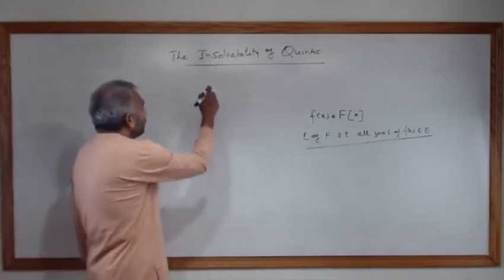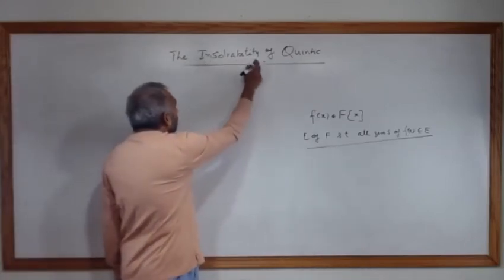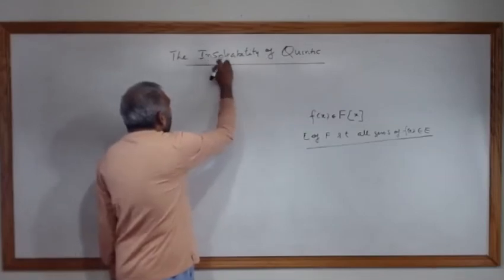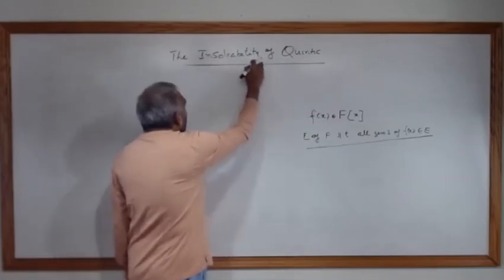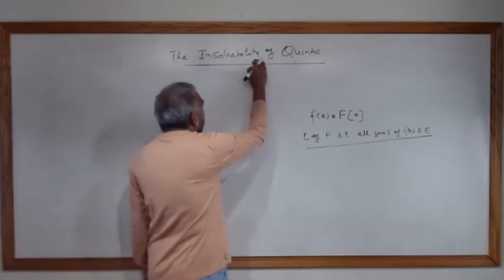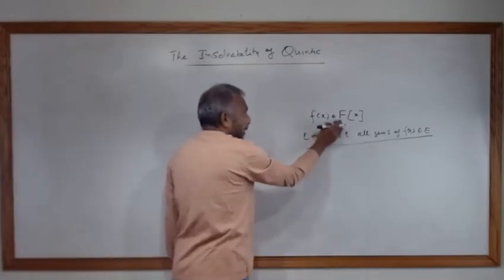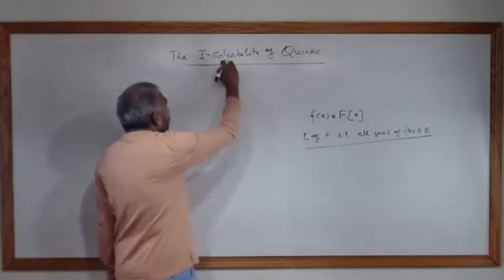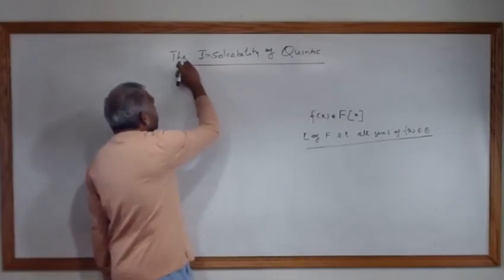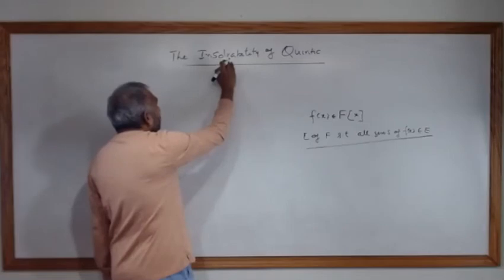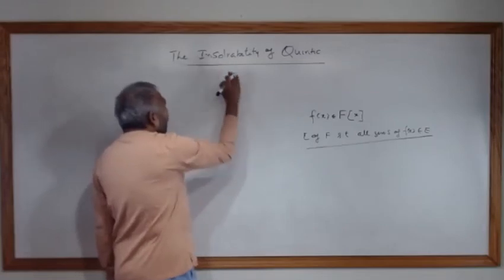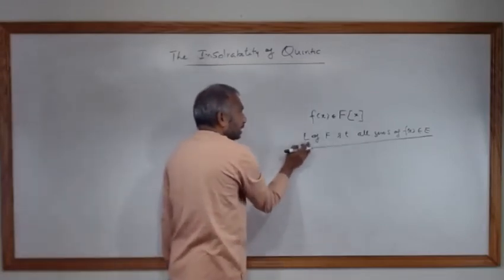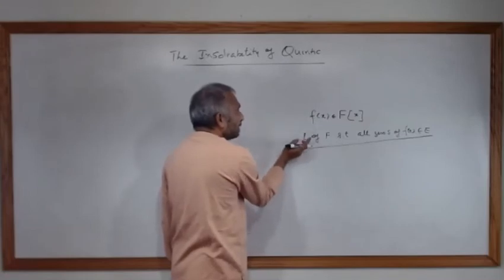So we are actually looking for a particular type of extension of F. What the theorem is going to say is that we cannot find such an extension. We are going to explain what that extension is.